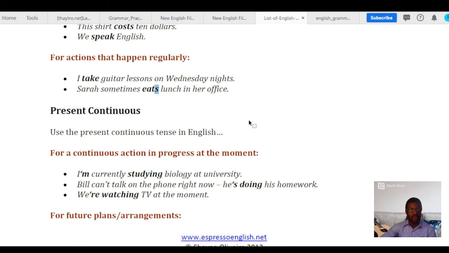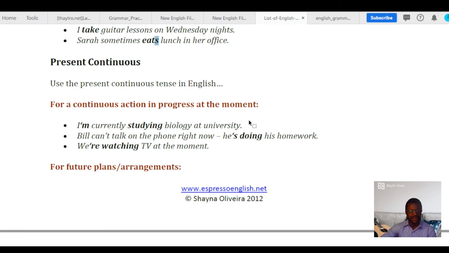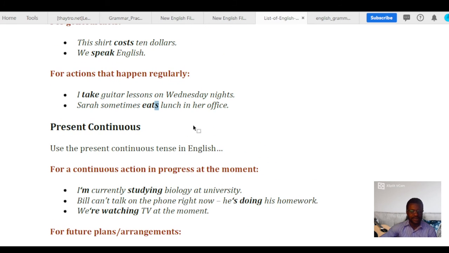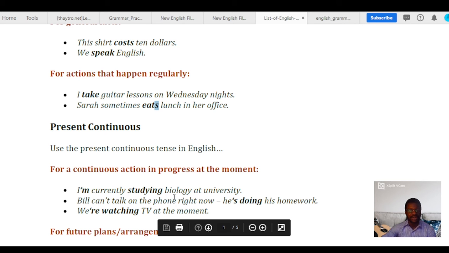Okay? But when we talk about the present continuous tense, it differs. Here we use the present continuous tense in English for a continuous action in progress at the moment, or time of speaking. I'm currently studying biology at university.